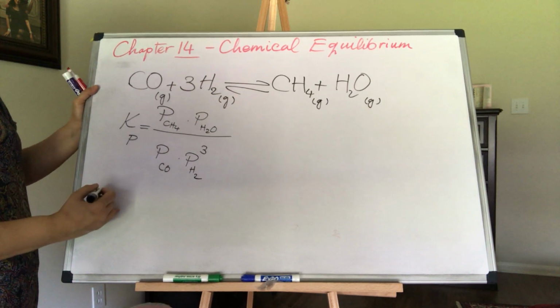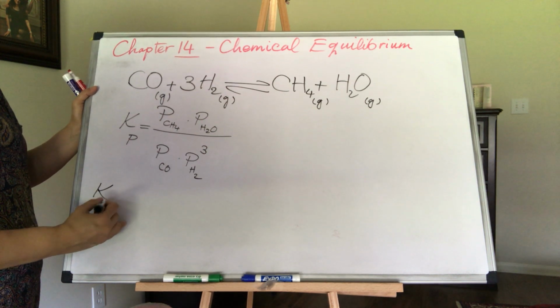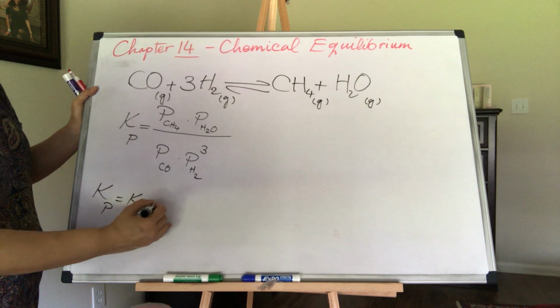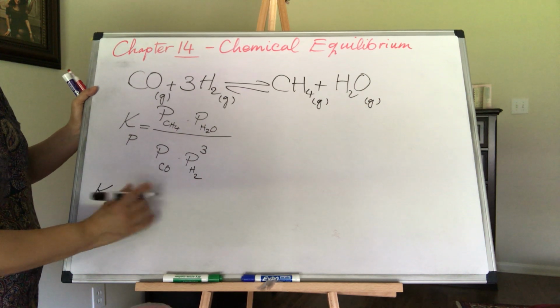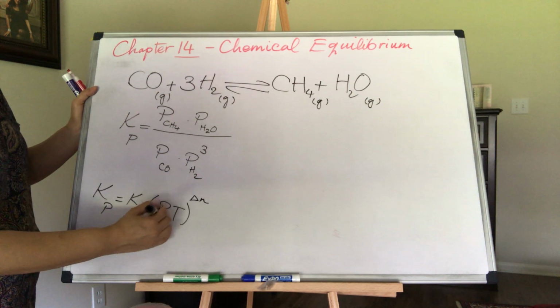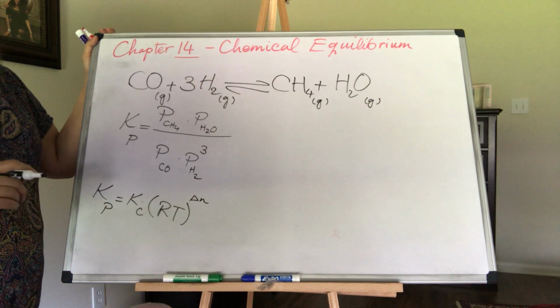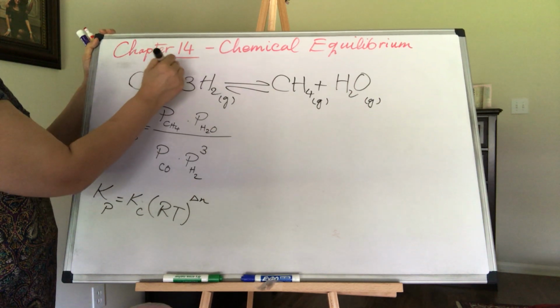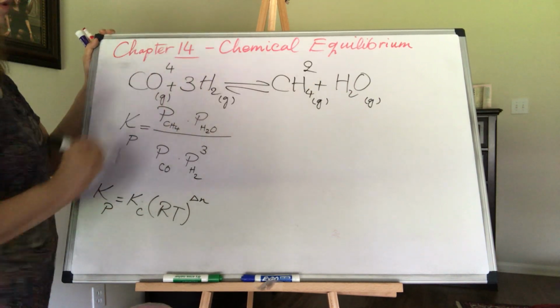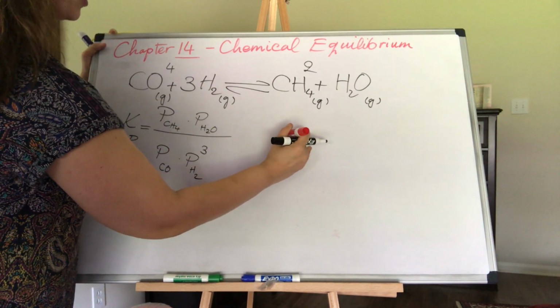Then, if you would like to have Kc, you remember Kp is Kc times RT to the delta N. And what is delta N? You have the 4 and 2. And I guess I made a small mistake.